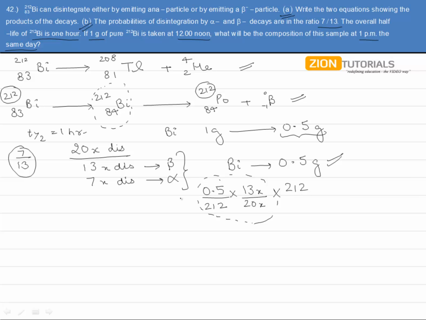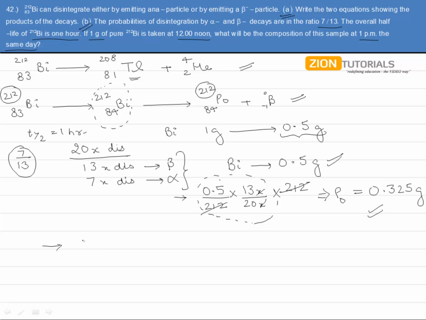But we will still follow the set procedure. So you can solve it by cancelling this, and you get the polonium mass, which comes out to be 0.325 grams.